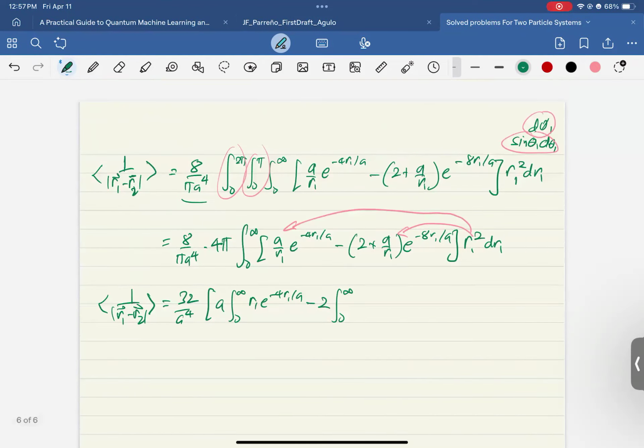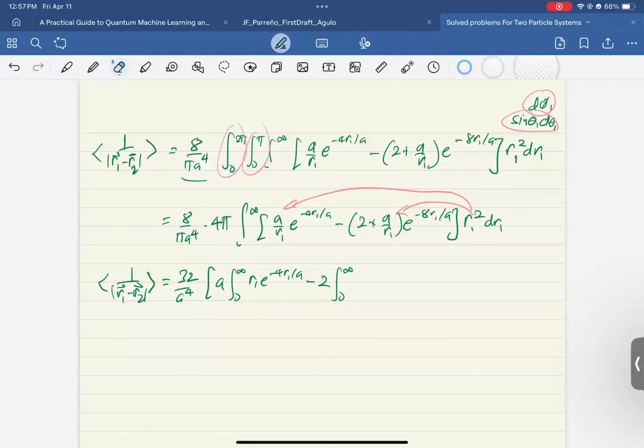Sorry, hindi yan from 0 to infinity. From 0 to infinity ng r1 squared exponential minus 8r1 over a d r1, minus a integral from 0 to infinity ng r1 exponential minus 8r1 over a d r1.